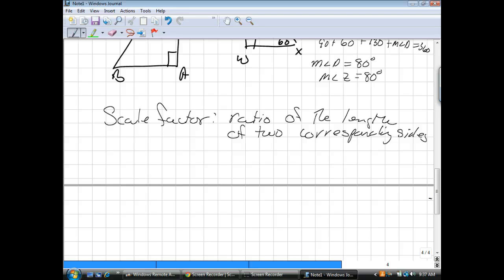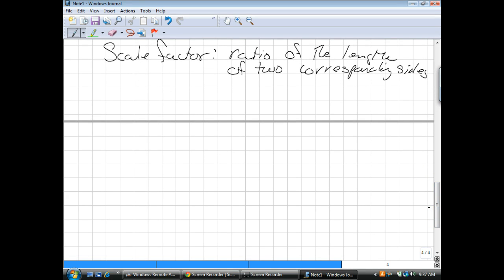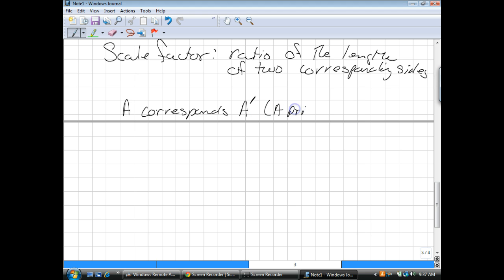Also, just a notation note, sometimes in order to make it easier to see what angles correspond to what angles, we name them by the same letter, but we put, for instance, if I have angle A corresponds to angle A, and we put a slash, and that's red, A prime. Meaning we just match up the A's, and that means those are corresponding angles.